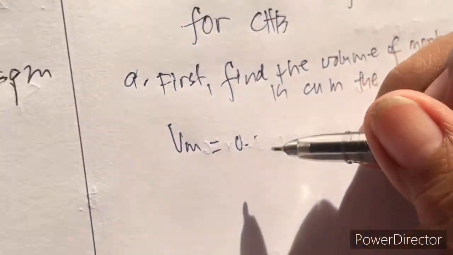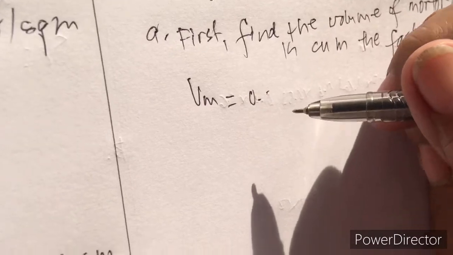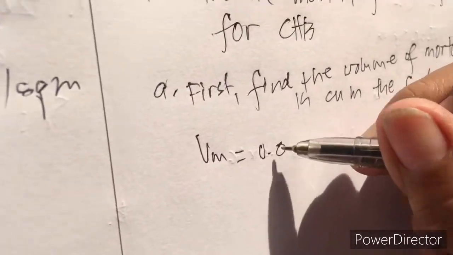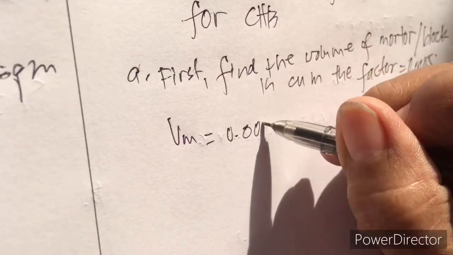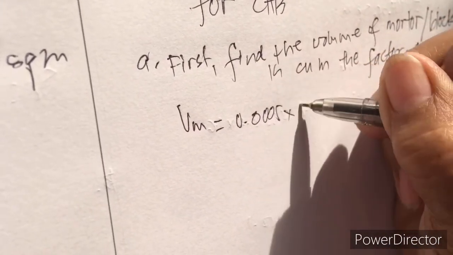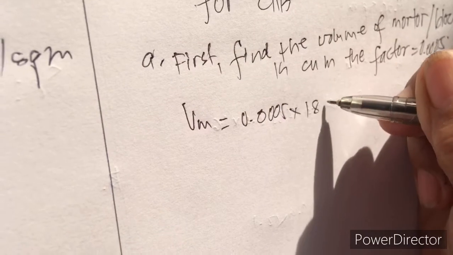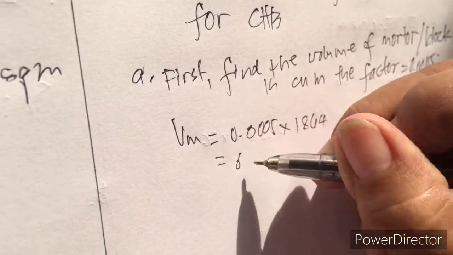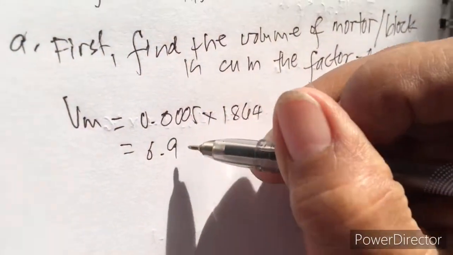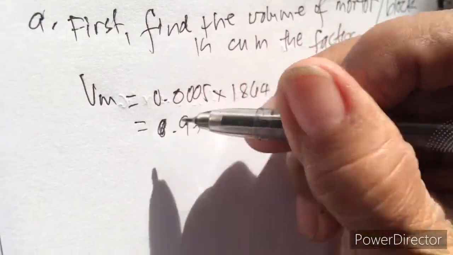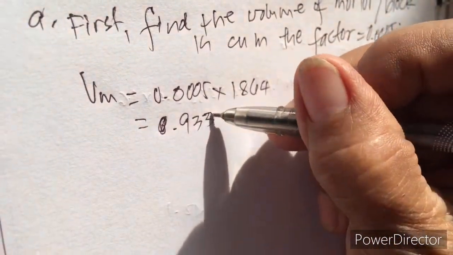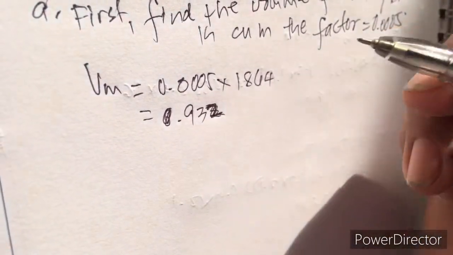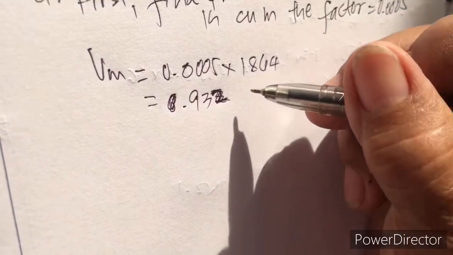So the volume is, remember the number of CHB, 0.05 times the number of CHB. The volume of mortar is 0.93 to get the accuracy. Cubic meter.